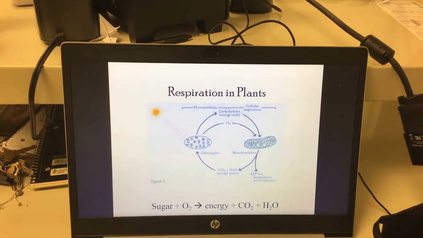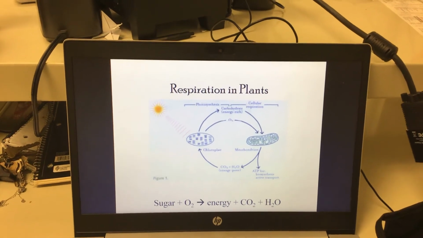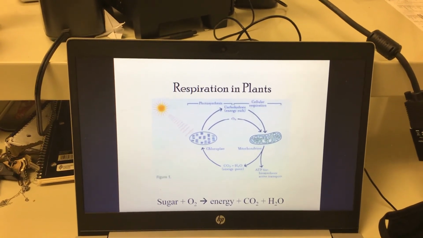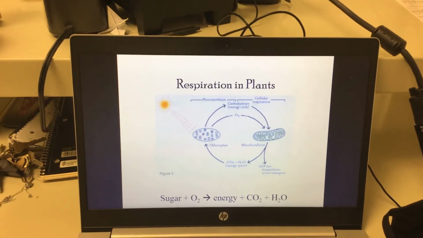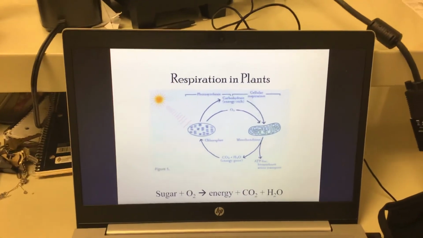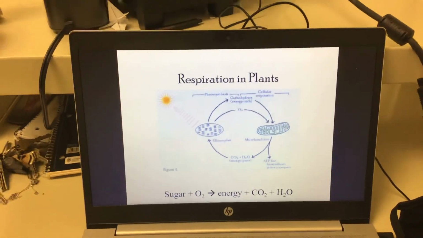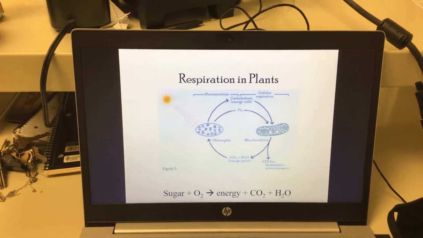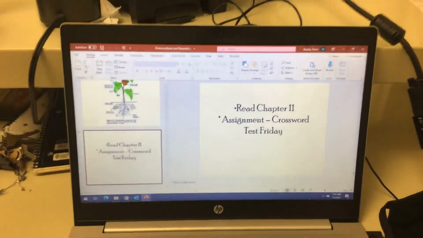You breathe out your carbon dioxide, you also breathe out a little water vapor. That's part of the reason you can see your breath on a cold day. That's water vapor that you're exhaling. So I need you to know the difference between photosynthesis and respiration. There we go.